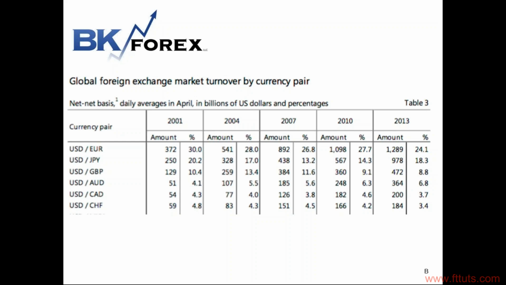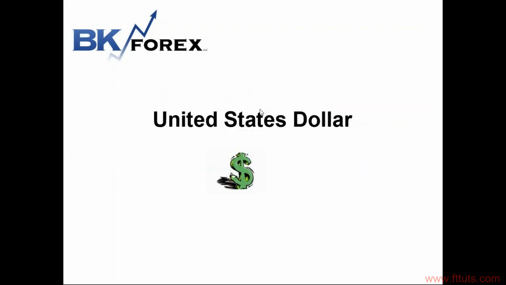And so they tend to be, I wouldn't say safer, but they tend to be better currency pairs for investors to start off with. So, that's why we typically recommend starting with those currencies. So euro dollar and dollar yen, but the other currencies we trade actively every single day as well.